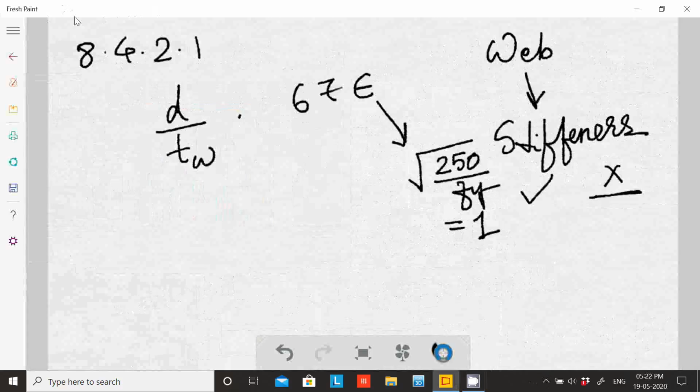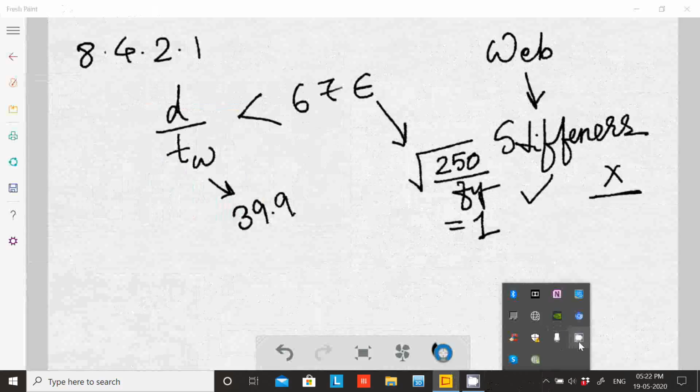Now our d by tw, the value that we have got, is 39.9, which is less than 67 epsilon. So then we can say that the web is strong against shear buckling.